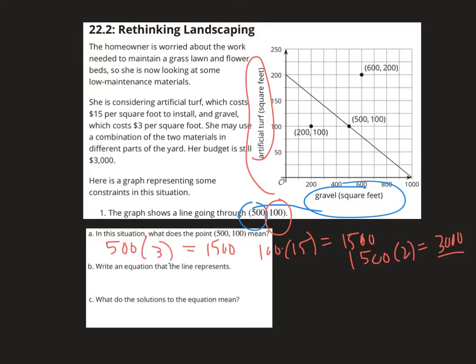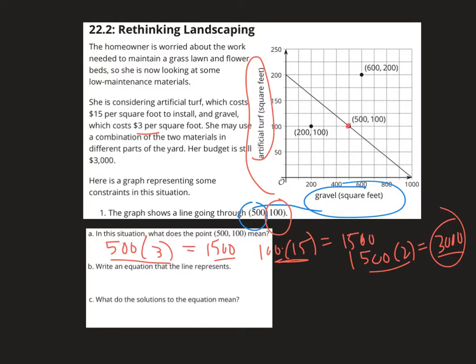Now, if you take that 500 square feet of gravel and multiply it times the $3 per square foot it costs, that'll give you $1,500. Then 100 square feet at $15 per square foot of turf is another $1,500, and 15 twice is $3,000. That equals the budget.